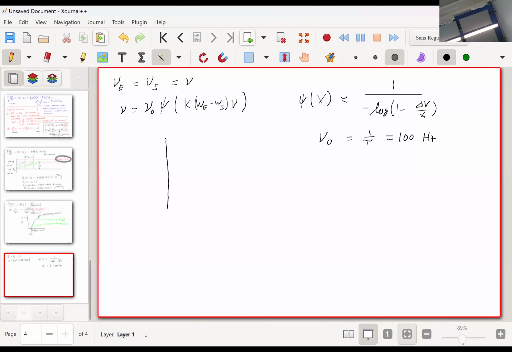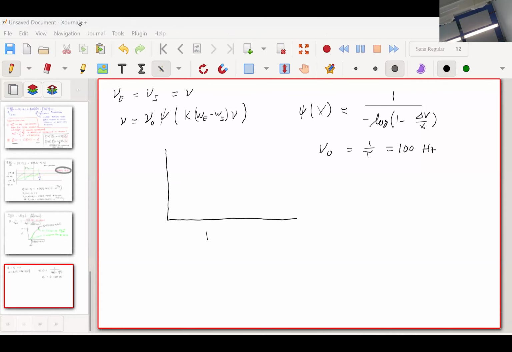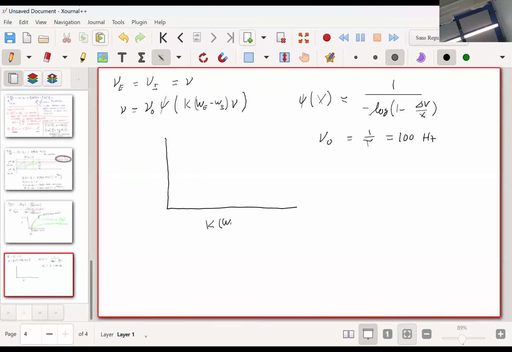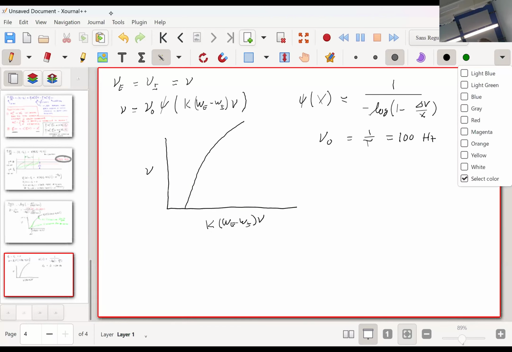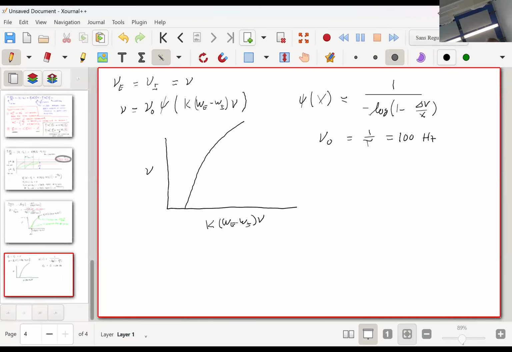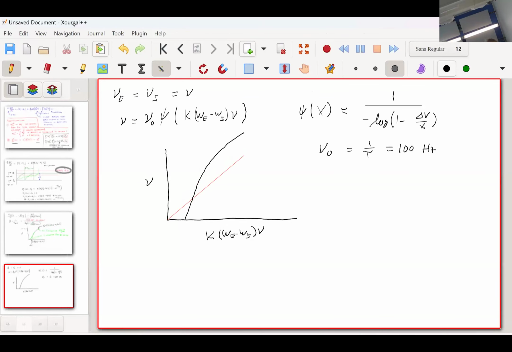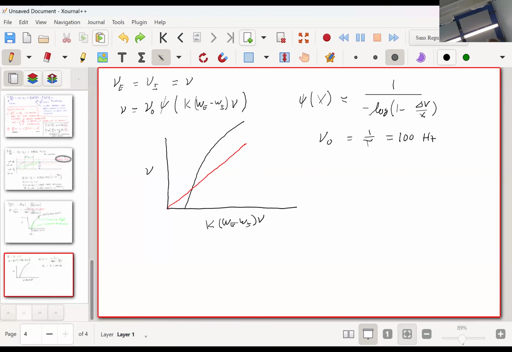So in this axis, we put k WE minus WI nu. So we know it looks like this, N versus nu. And there's equilibrium. So this is a line, the 45-degree line.